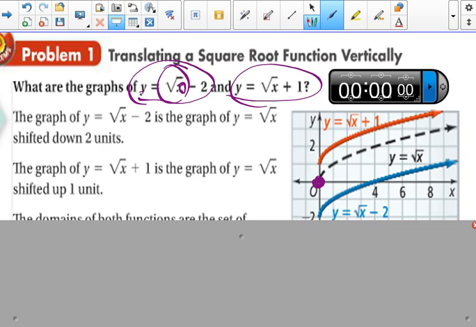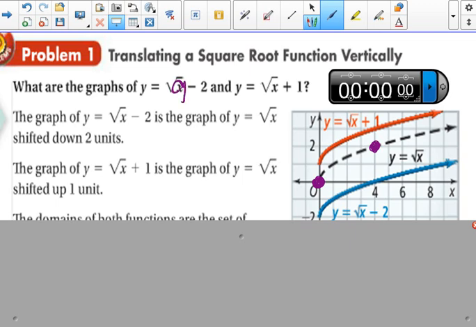Now, what happens if I take the square root of, let's see, I could put a 4 in there, right? So y equals square root of 4. So if I input a 4, it's going to be a 2, right? So input 4, output 2, there's that point right there. And I could do the square root of 9. So if x is 9, y is going to be 3.